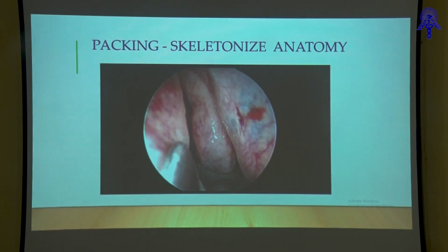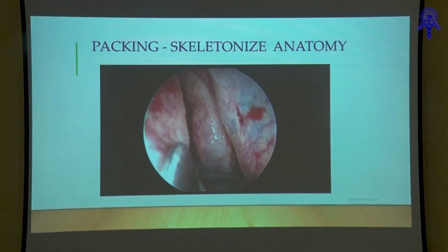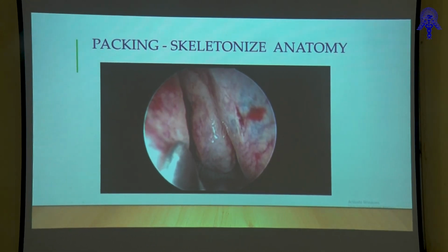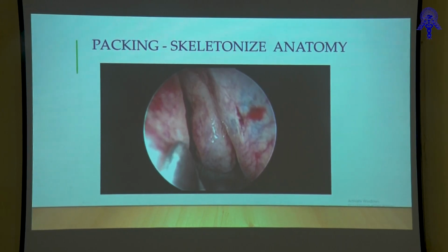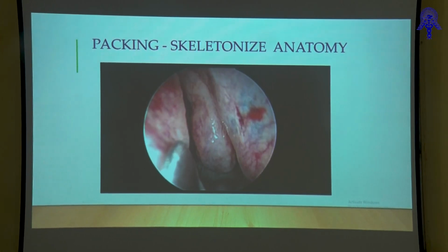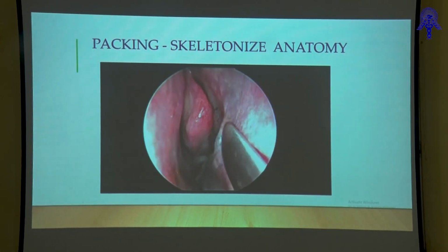So, the first step of endoscopic sinus surgery is opening the gateway into the infundibulum by doing an uncinectomy or sometimes uncinotomy, depending on the need of the surgery, or it is also called an infundibulotomy. So, you are opening into the infundibulum by doing an uncinectomy or partial uncinectomy. This is the first step, that we skeletonize the anatomy.